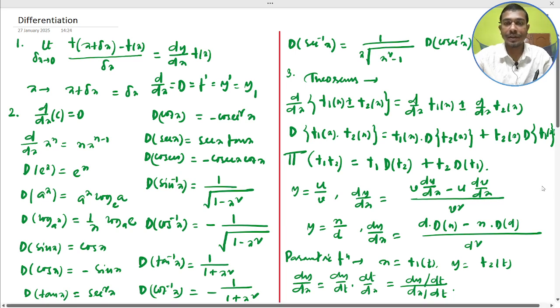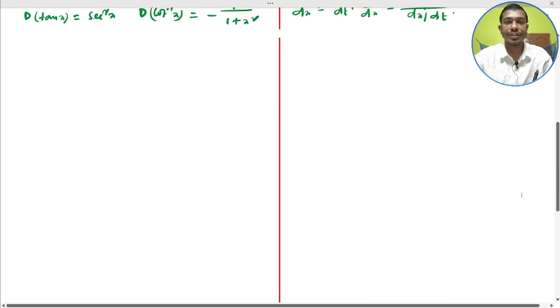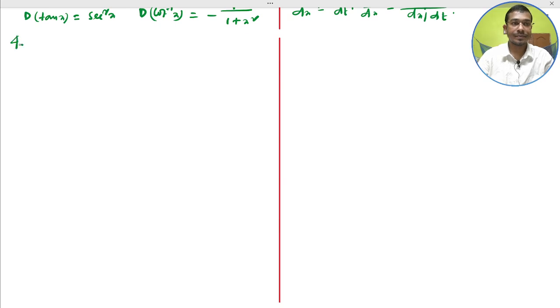Now go ahead, our next discussion: successive derivative, meaning successive differentiation. Suppose y equal to f(x) is a function.